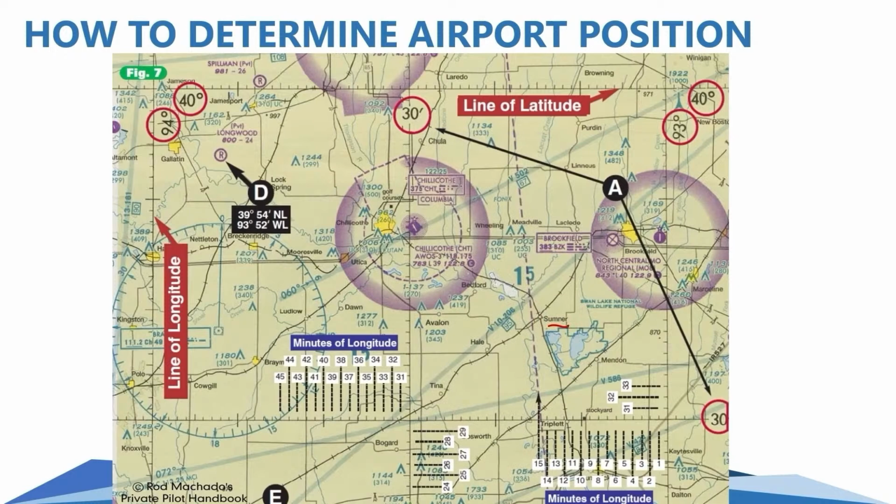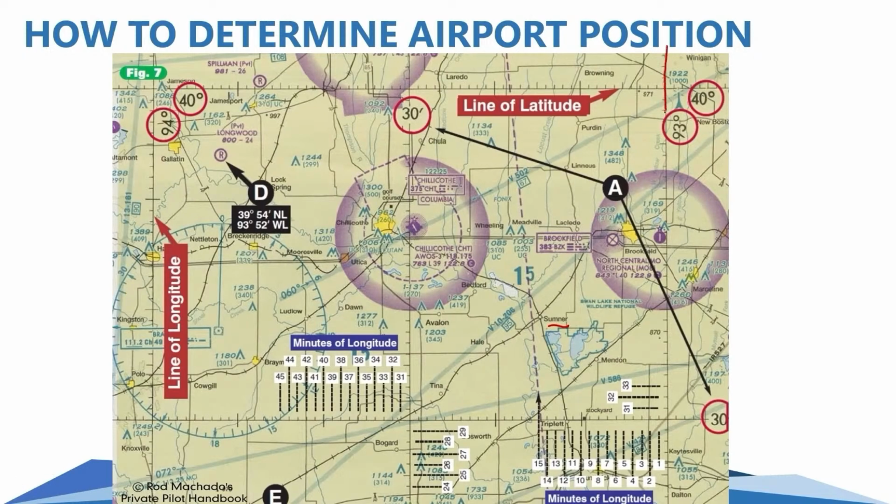And we're going to figure out what the lat and long is. So when we look at this, each one of these tick marks is basically a minute. And you've got the tick marks for latitude and longitude. So basically 60 minutes is 1 degree. Very simply, if I were to try to figure that out, I could start anywhere I want. I'm going to start with our lines of longitude. Okay.